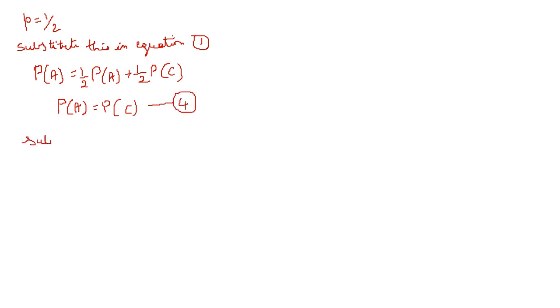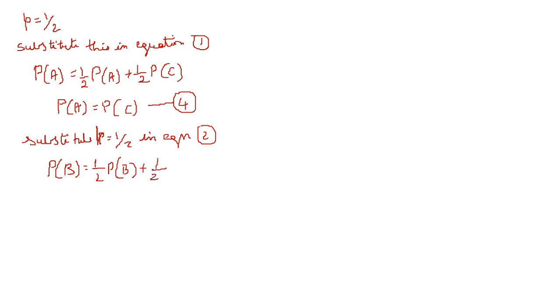Similarly, we'll substitute P is equal to half in equation 2. We get P of B is equal to half into P of B plus half into P of A. If we simplify this, we get P of B is equal to P of A. Let this be equation number 5.